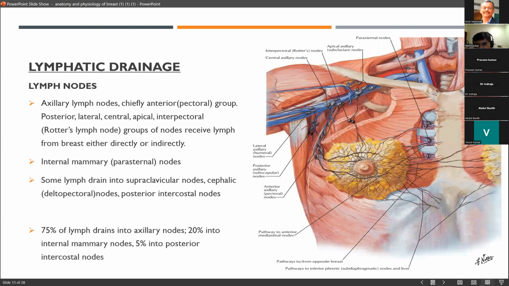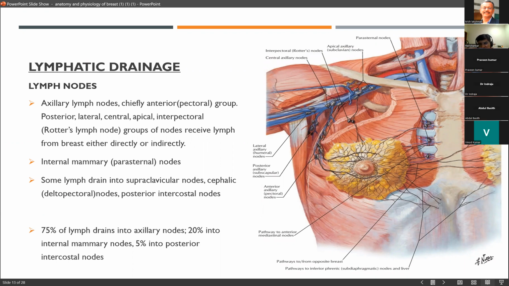So you don't have to be surprised if, for example, the upper medial and lower medial tumors spread to the axilla, and also the lateral tumor spreads to the internal mammary also. But generally, it follows the pattern that you suggested. So that is one thing you have to be aware of, because in rarer instances, it can go to the internal mammary group also.